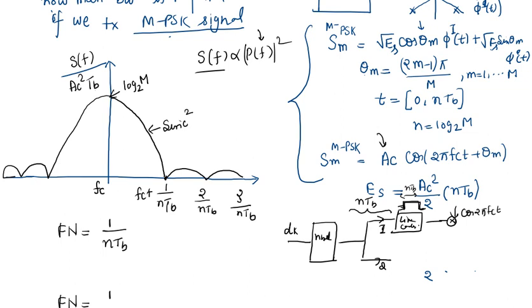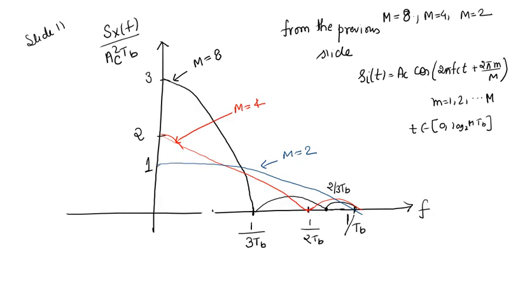Now the question is, can you plot and compare the bandwidth requirement of the M-PSK scheme? What do I mean by it? I mean, if we increase the value of capital M, would the bandwidth requirement decrease or increase?